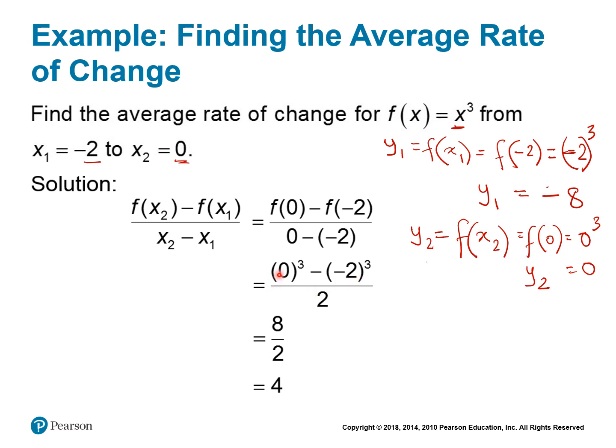So it's going to be 0 minus negative 8. So minus negative 8 is positive 8, divided by 2 is 4. All right, so that's the slope or the average rate of change of this function x cubed.